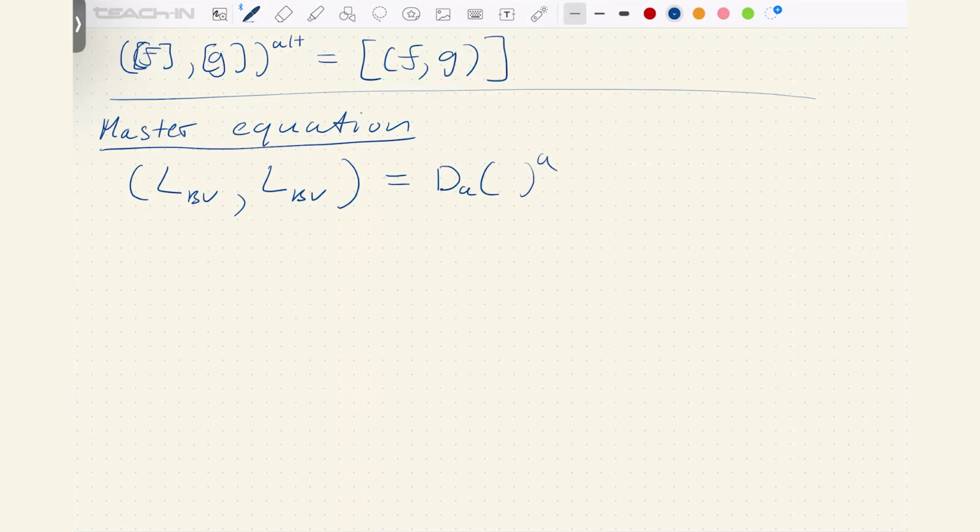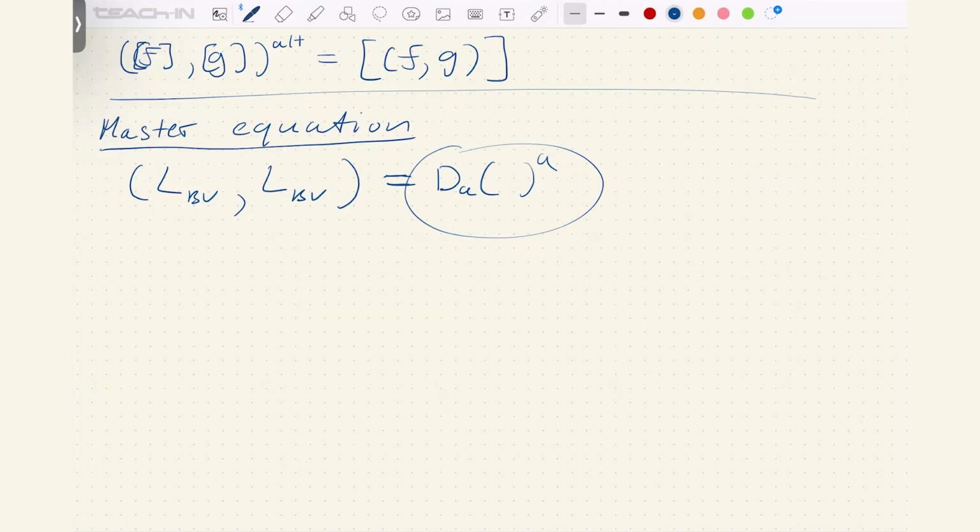That's a very important point: the master equation is satisfied only for local functionals, for equivalence classes. If we evaluate our bracket on representatives, if we picked a particular representative Lagrangian, we don't get zero, we get a total derivative on the right hand side. Of course, if we pass to equivalence classes, we get the usual master equation.